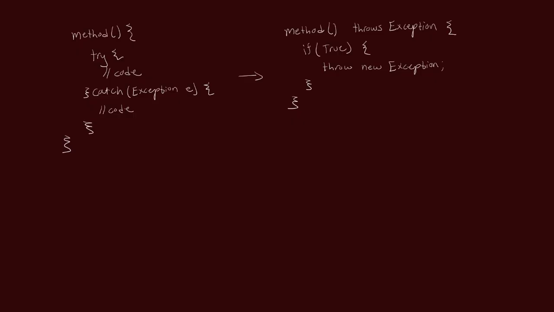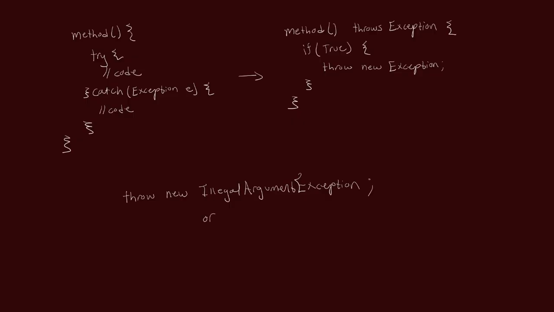So let's say we have an illegal argument exception. How we can write this is in two ways. We can either write throw new illegal argument exception, like that.